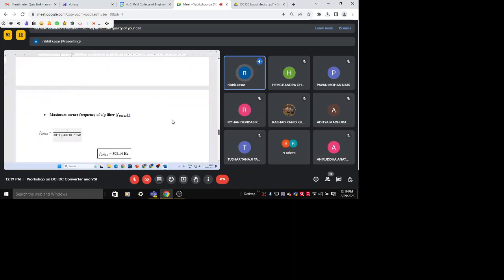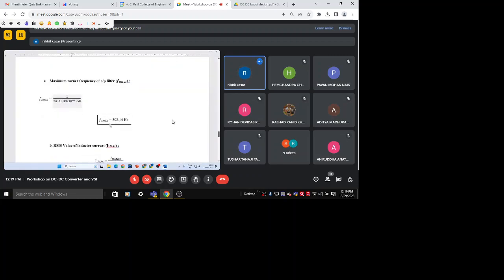So 1 upon 2 pi fc, it will be 308.14 hertz.